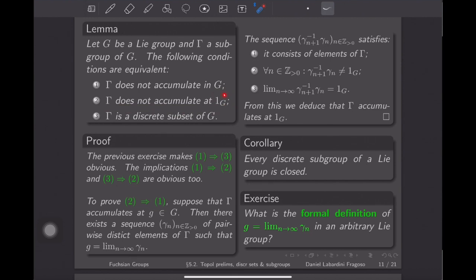One only needs to check that the identity is not an accumulation point of the subgroup in order to know that the subgroup doesn't accumulate anywhere. And this is equivalent to the seemingly weaker condition that gamma doesn't accumulate in itself, right? Weaker than the first one.